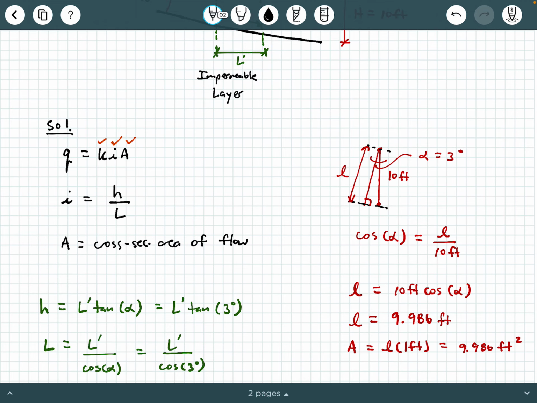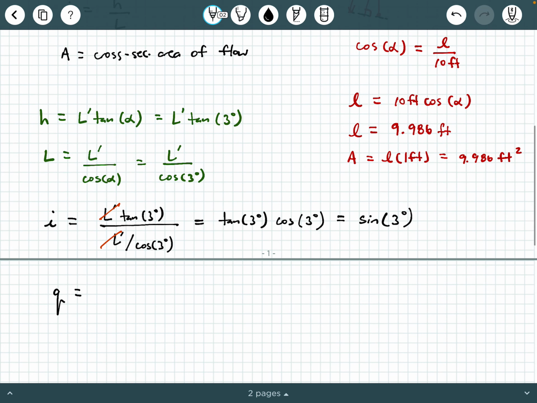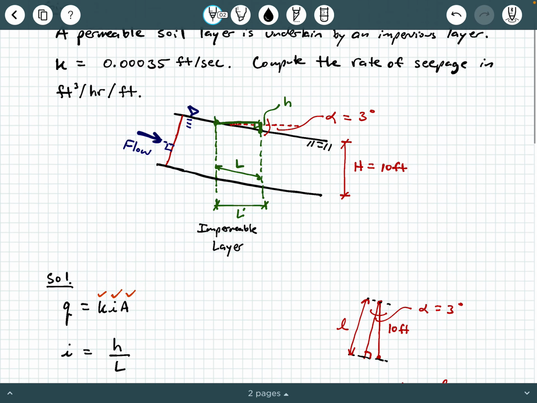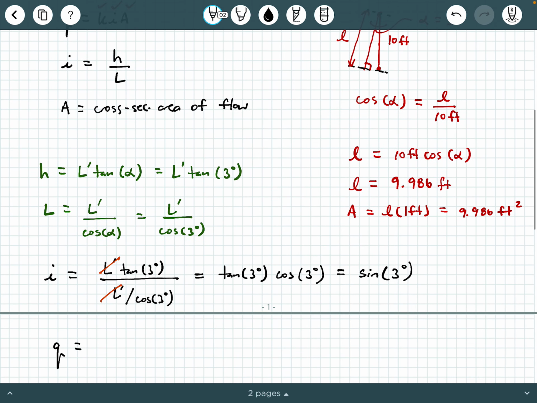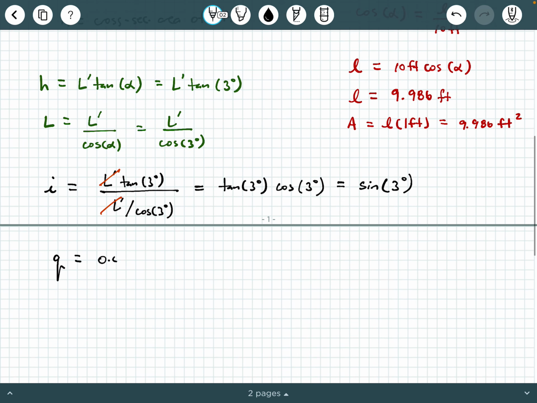And so quite simply, we can say Q equals K, which was, I believe, 0.00035 feet per second. I simplified down to just sine of 3 degrees, and then A simplified down to 9.986 feet squared, all right? And so what does that come out to be?